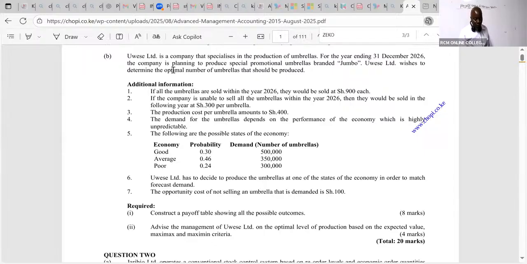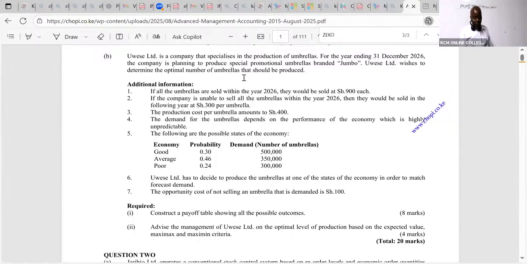SHD Limited is a company that specializes in the production of umbrellas for the year ended 31st December 2026.